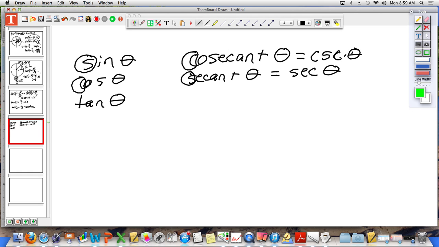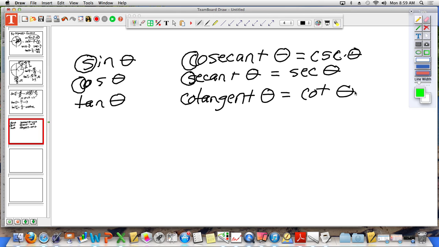Same with cosine and secant. There's one more trig function. Now this rule doesn't apply. The last of the six is the cotangent of theta, abbreviated C-O-T of theta. I think that one's easy to remember just because it's tan of theta, cotangent of theta.